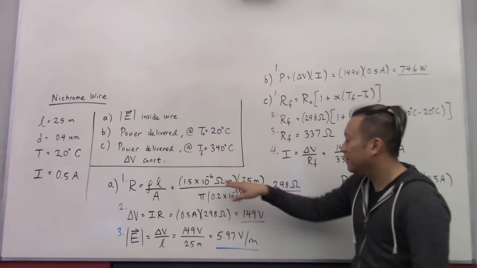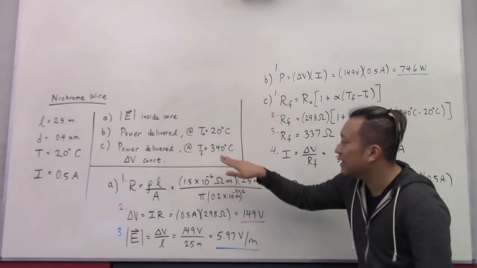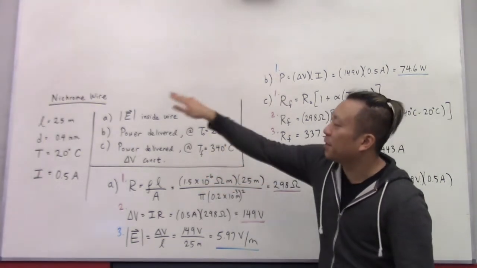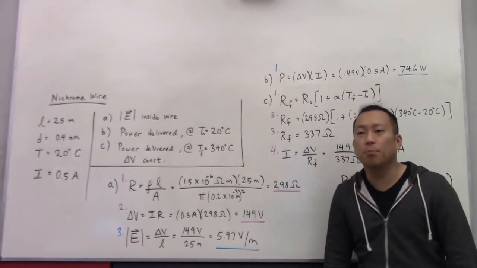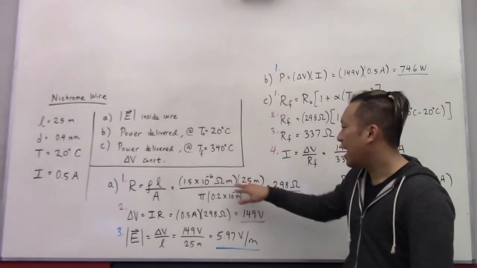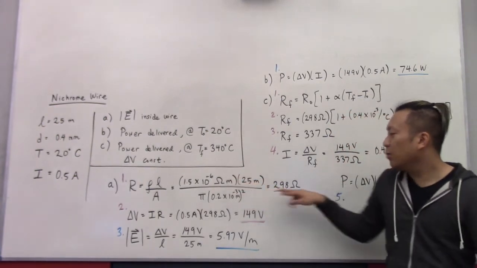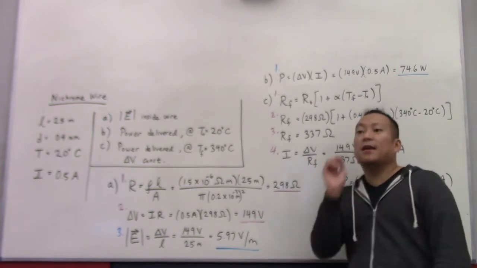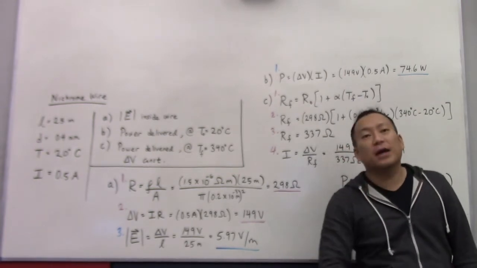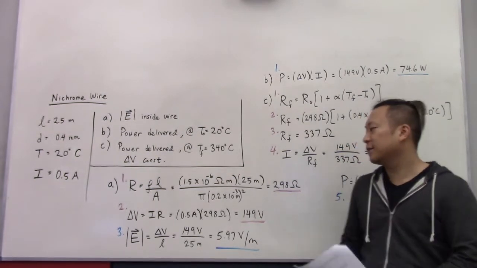The resistivity value is specific for the material. So for nichrome, it's 1.5 times 10 to the minus 6 ohm meters. And we plug in the other parameters, we get that the resistance is 298 ohms, and that's true when it is at 20 degrees Celsius.